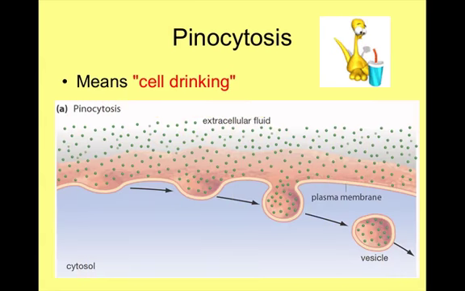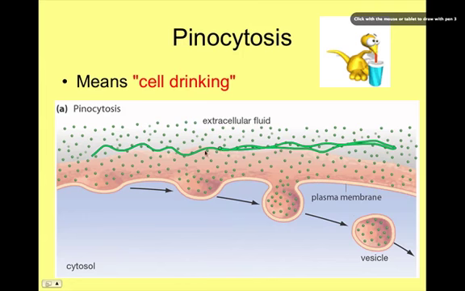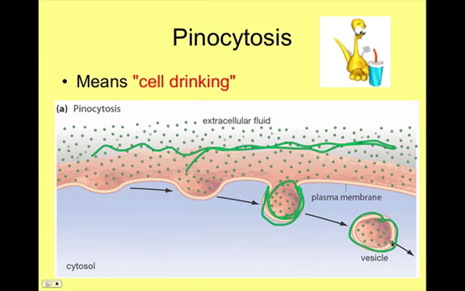And there is the same type of drawing where you can see all the fluid that's on the outside. And once again, it gets engulfed by part of the plasma or the cell membrane, forms a little vesicle, and then ends up going into the cell.